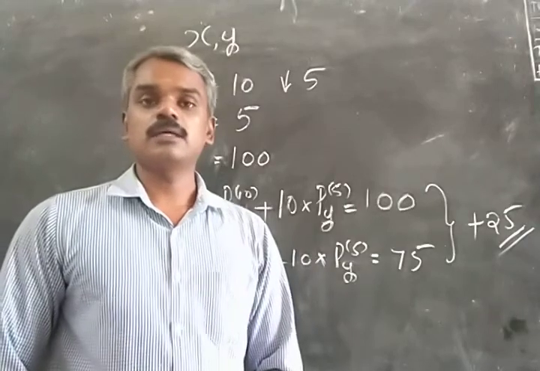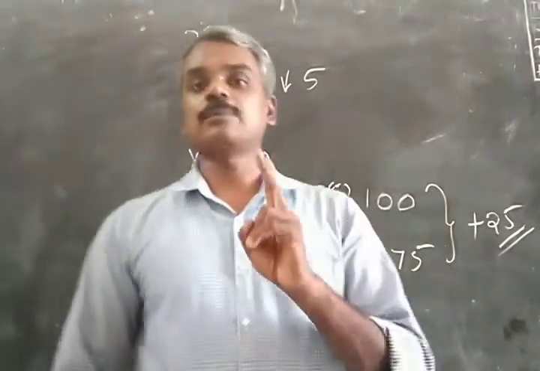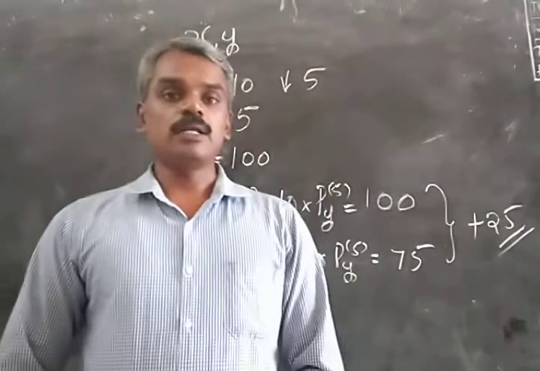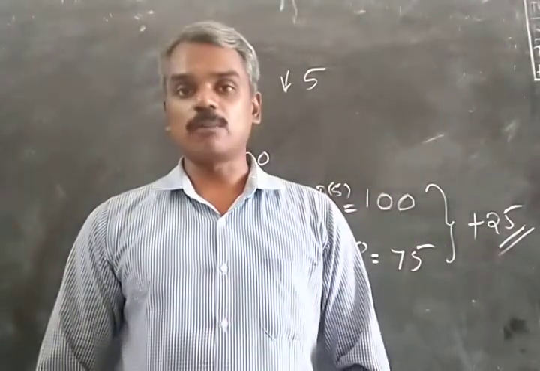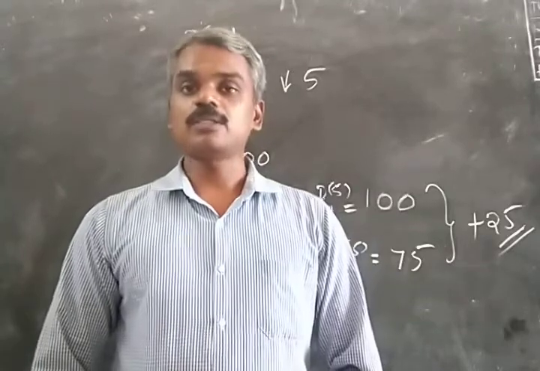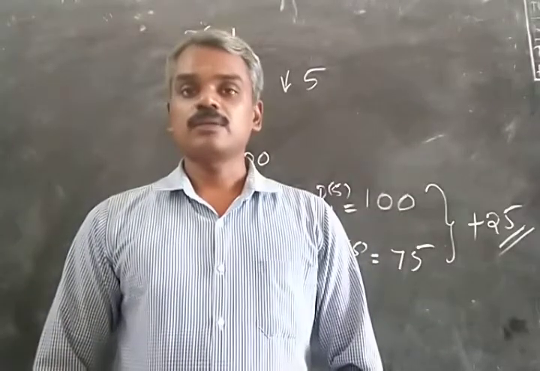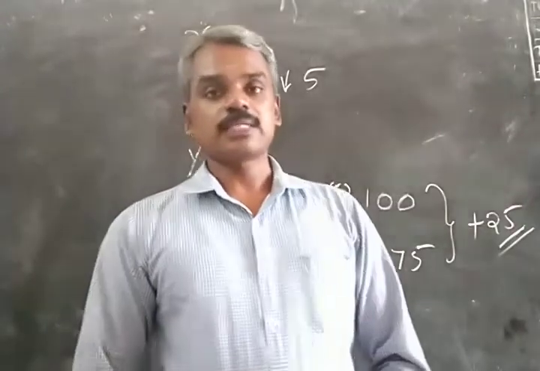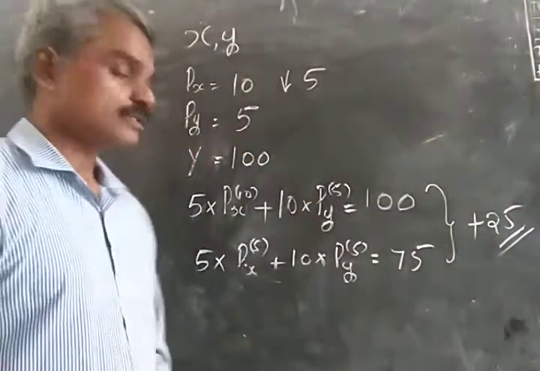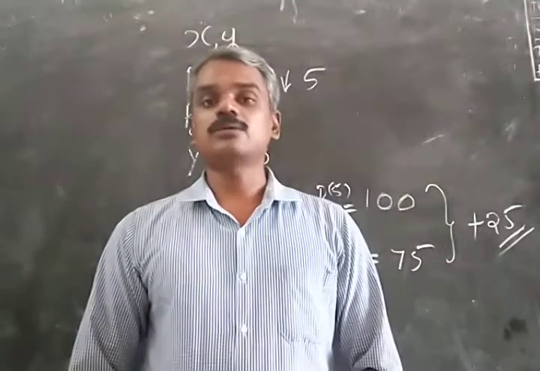So, we have seen that there are two effects of a fall in the price of a commodity. One is the increase in consumption due to the commodity becoming cheaper. This is called the substitution effect because the consumer substitutes the cheaper commodity for the dearer one. Secondly, his real income increases, and this is called the income effect.